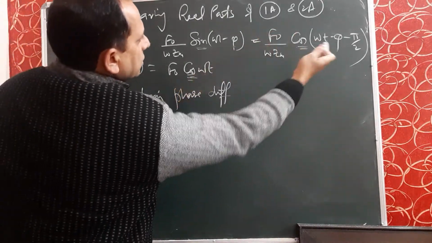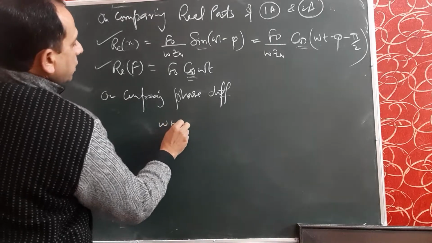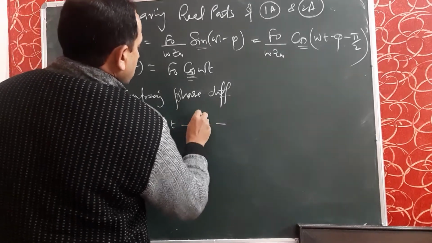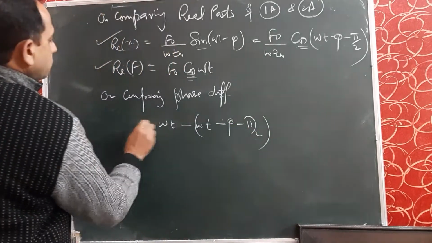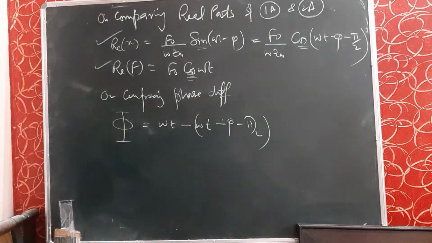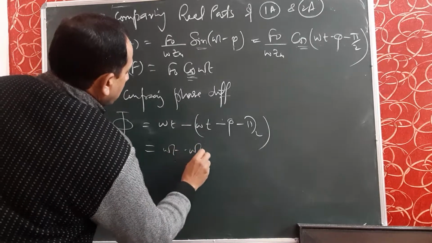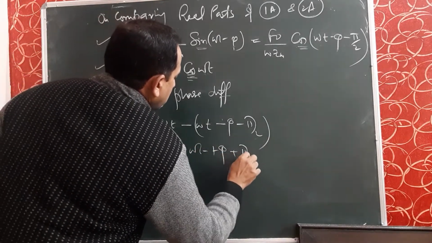omega t minus phi minus pi by 2. This is the phase difference. So let this phase difference be capital phi, or it is omega t minus omega t plus phi and plus 90.